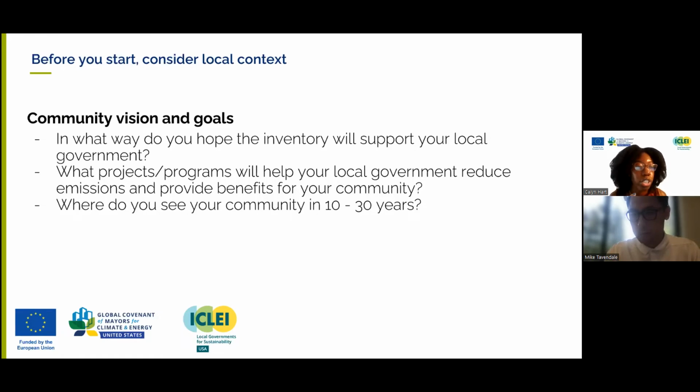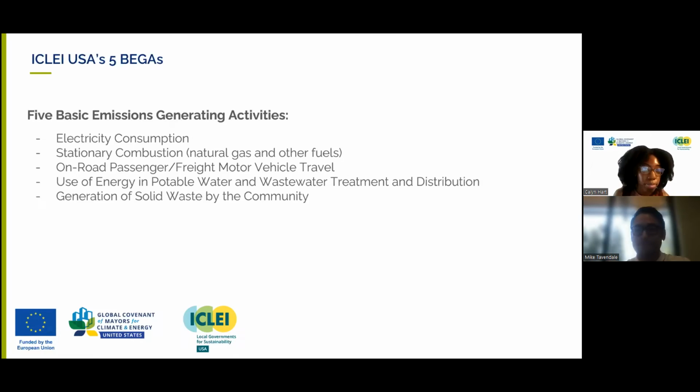So these are questions that you'll want to take a look at, having a vision, essentially, of what you want your community to be like in 20 to 30 years. So once you go through these questions, then you'll be able to understand what type of sources you want to include in your inventory and what are the most important sectors to include.